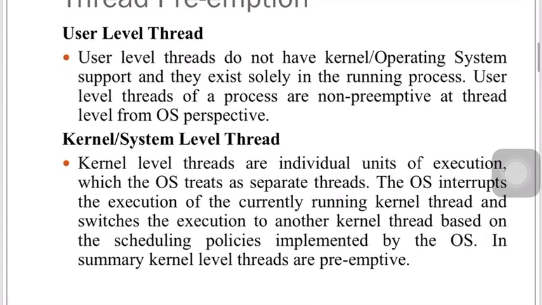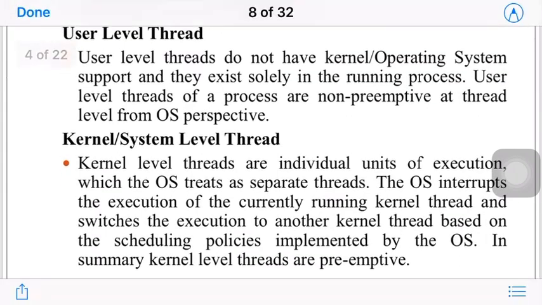Then we have the kernel or system level threads. The kernel level threads are individual units of execution which the OS treats as separate threads. The OS interrupts the execution of the currently running kernel thread and switches the execution to another kernel thread based on the scheduling policies implemented by the OS. So this scheduling of threads is possible in kernel or system level threads.